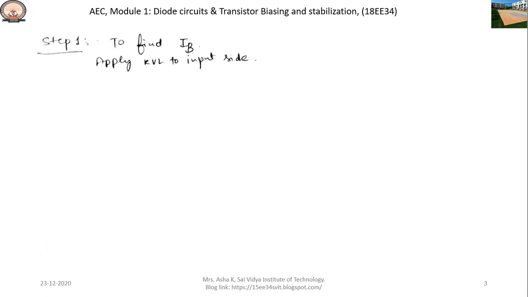Now, we'll analyze the DC analysis of the self-bias circuit. First step is to find the input current IB.